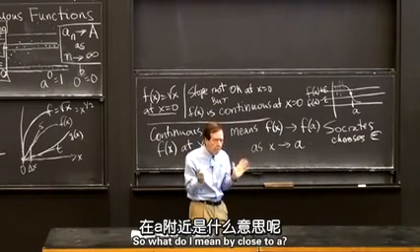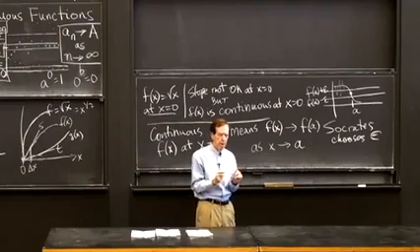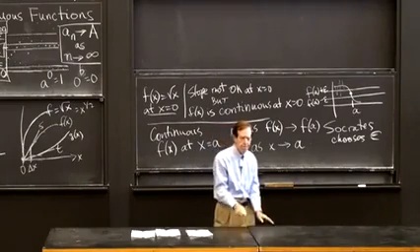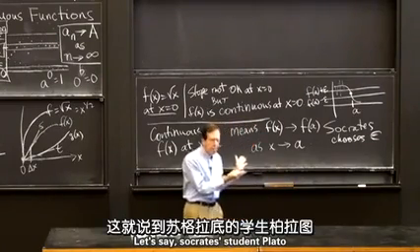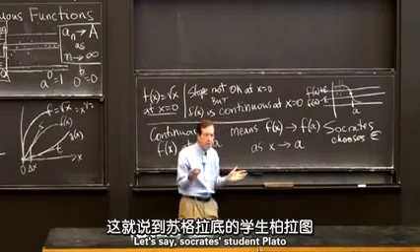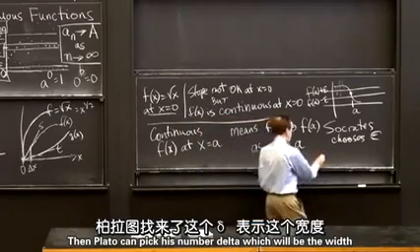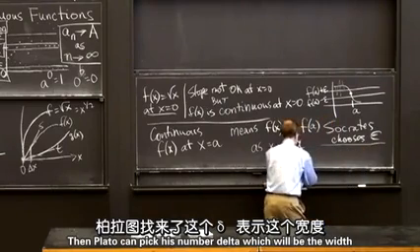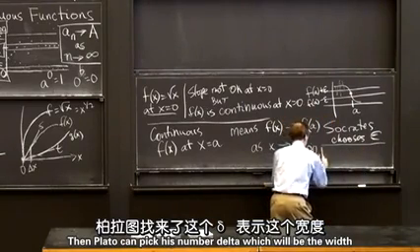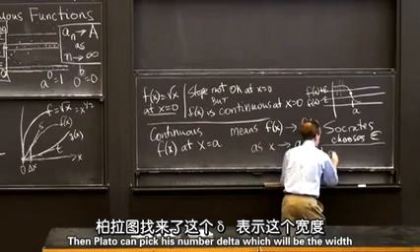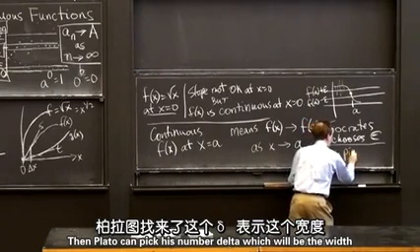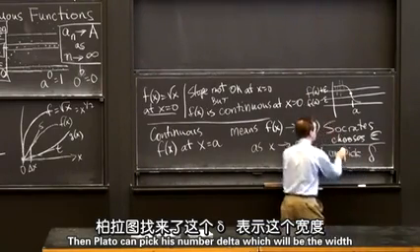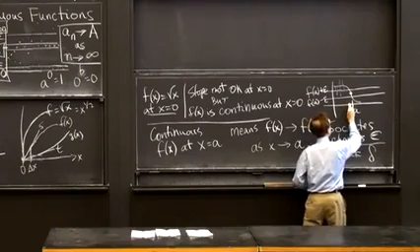Okay. So what do I mean by close to A? Well, that's where delta comes in. That's, let's say, Socrates' student, Plato. Then Plato can pick his number delta, which will be the width.